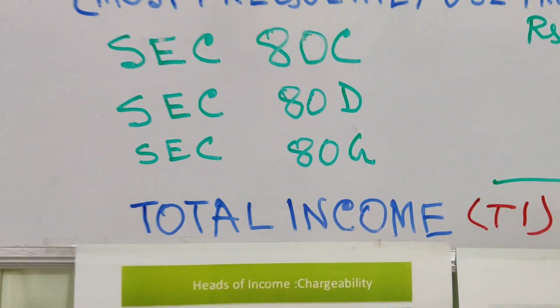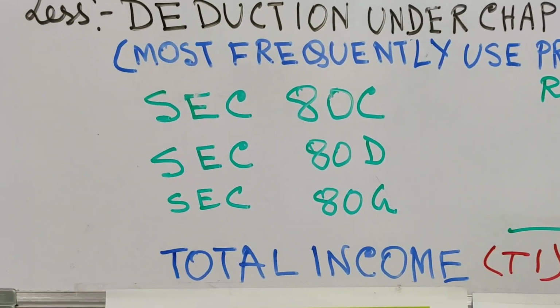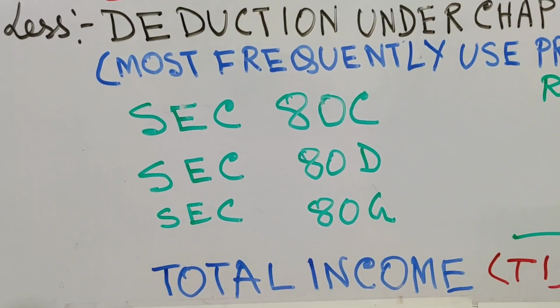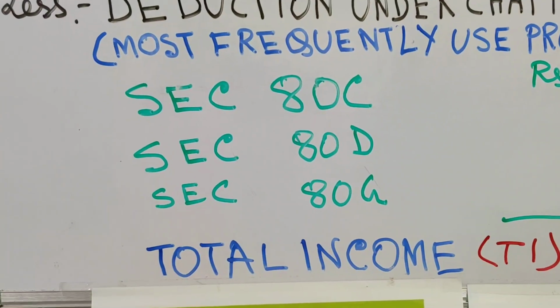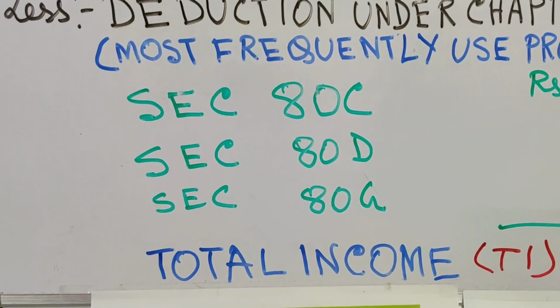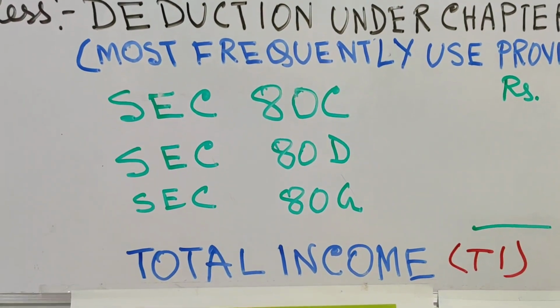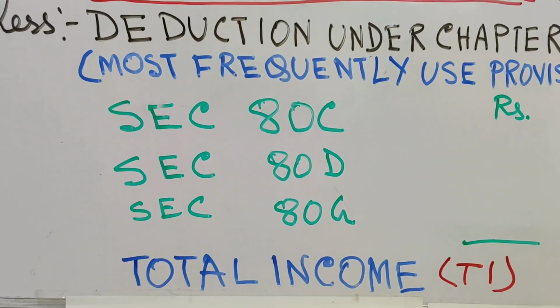So we have the deduction under section 80C, which is 1,50,000. If you invest in the National Pension System, then it will be 50,000 extra. And for medical insurance premium under 80D, if you are not a senior citizen, then 25,000. If you or your parent is a senior citizen, then you are entitled to 50,000 deduction.